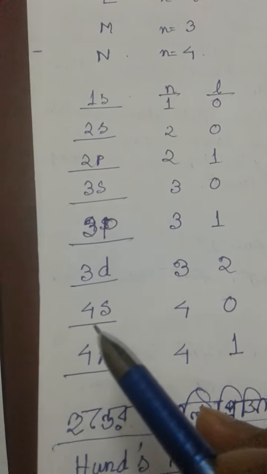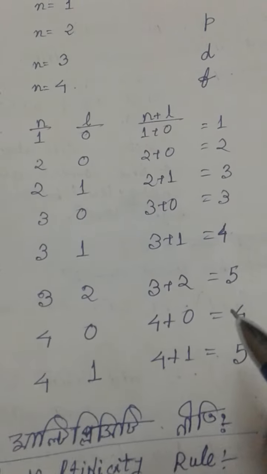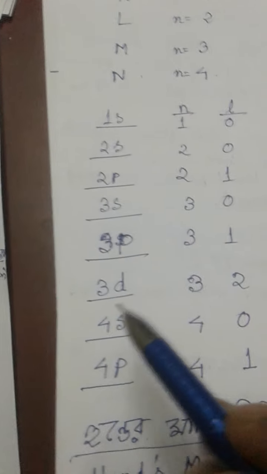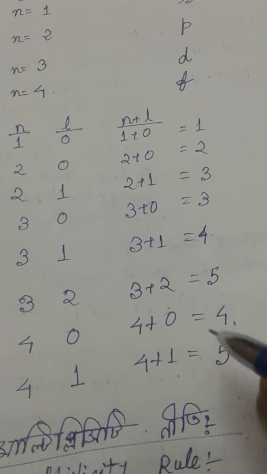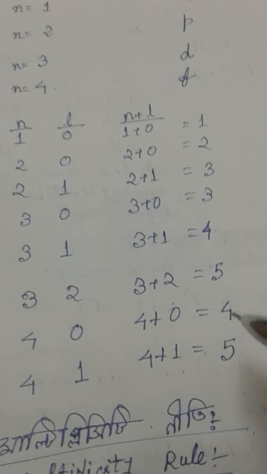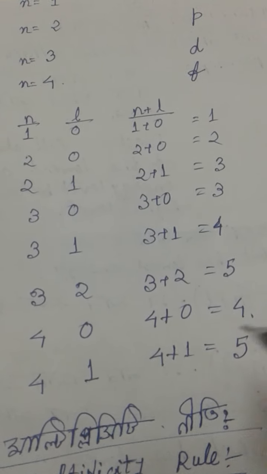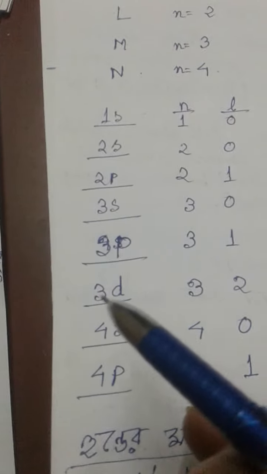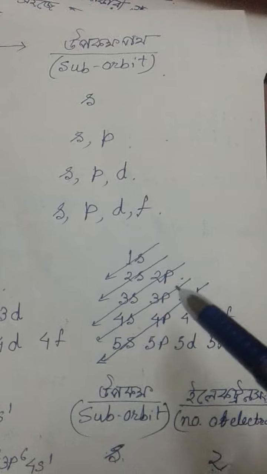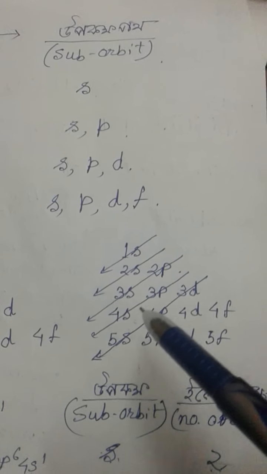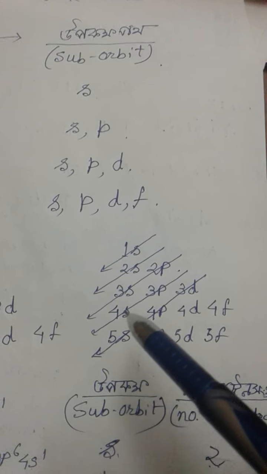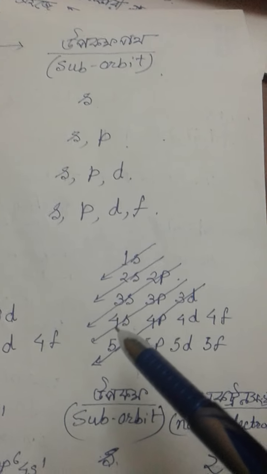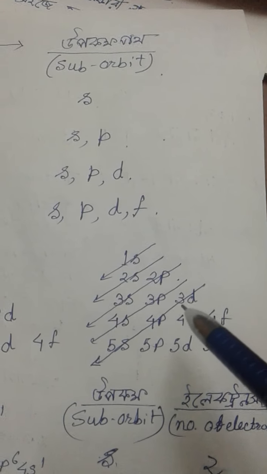So as n plus L of 4s is 4, and for 3d it is 5, the lower energy state is 4s, so 4s is filled first, then 3d. In this diagram you can see again that the 4s suborbit is filled first, followed by 3d.